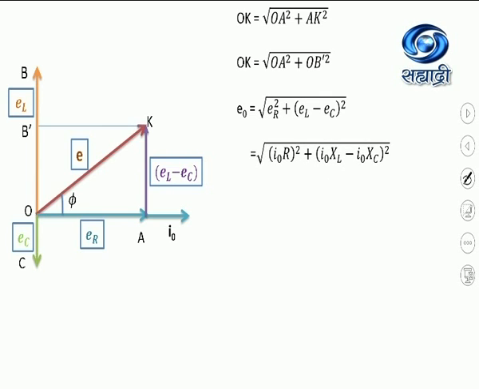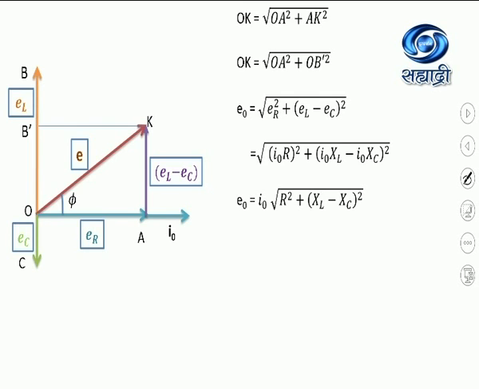Now EMF across the resistor is I naught into R, EMF across the inductor is I naught into XL, and EMF across the capacitor is I naught into XC. So we get E naught equal to root of (I naught R) square plus (I naught XL minus I naught XC) square.